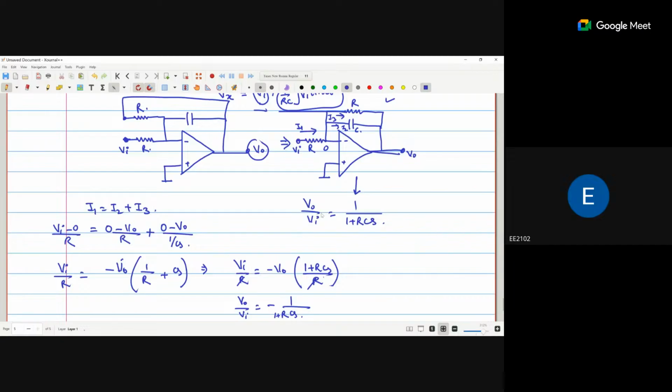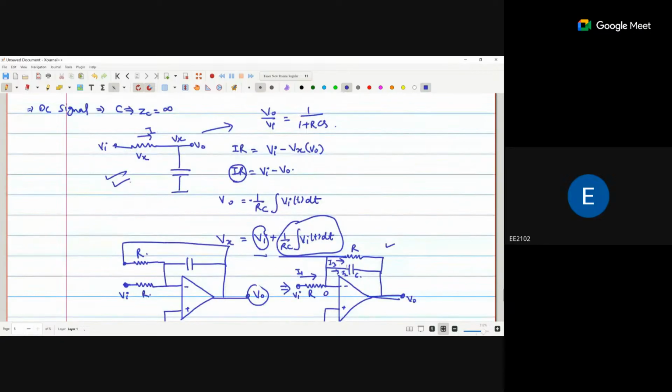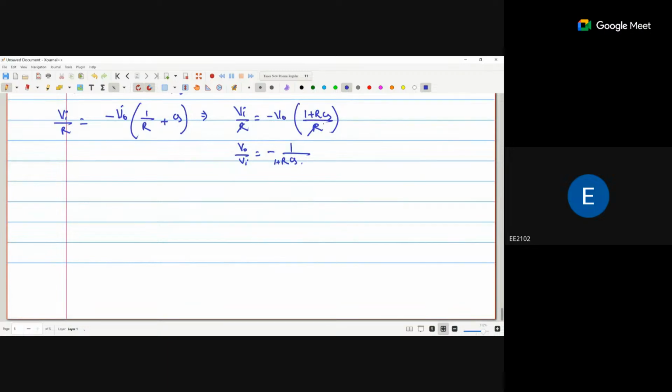Okay. Now the thing is that here we are directly getting 1 upon 1 plus RCS, and here we are getting minus 1 upon 1 plus RCS. So why is this minus sign there? Because we are using the inverting amplifier.